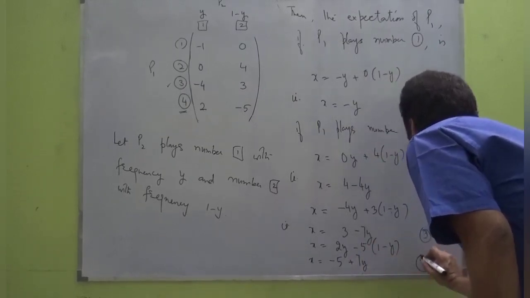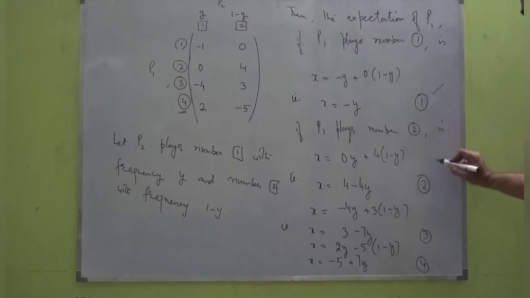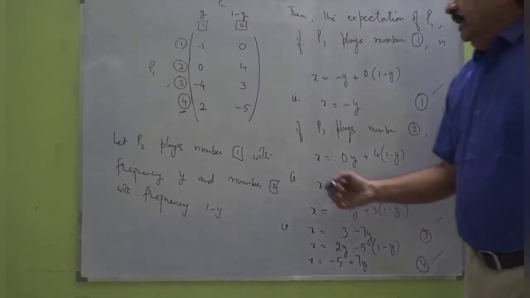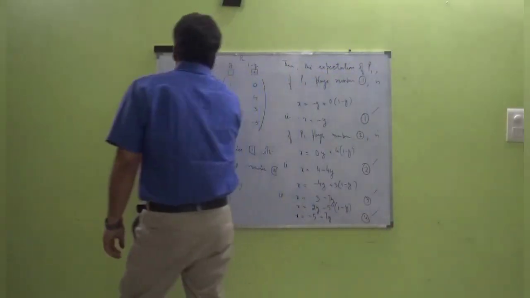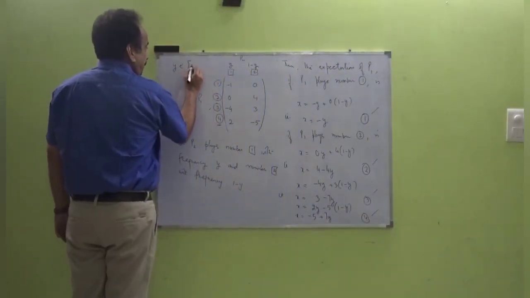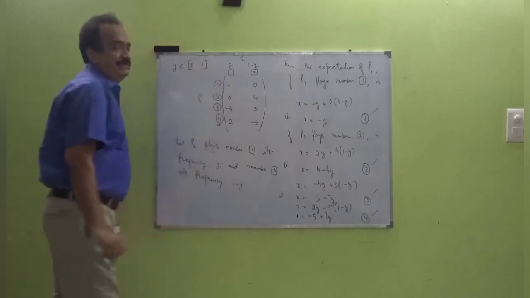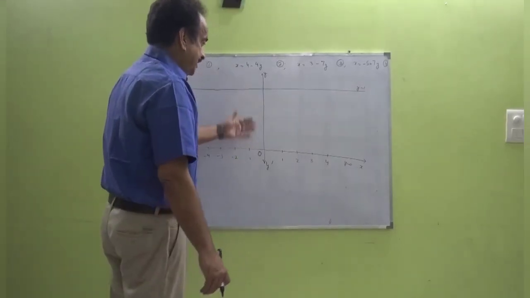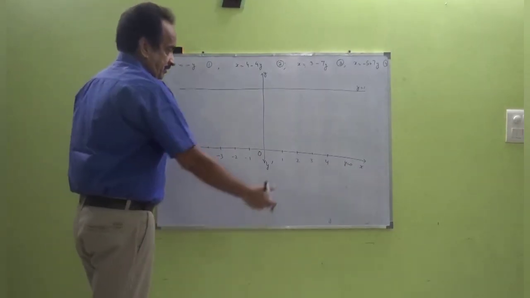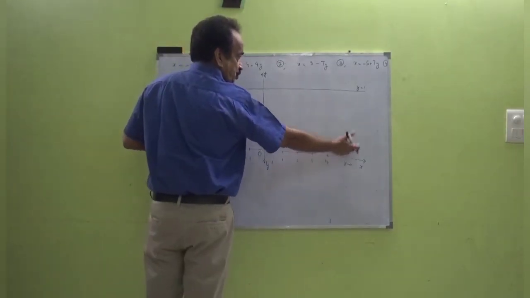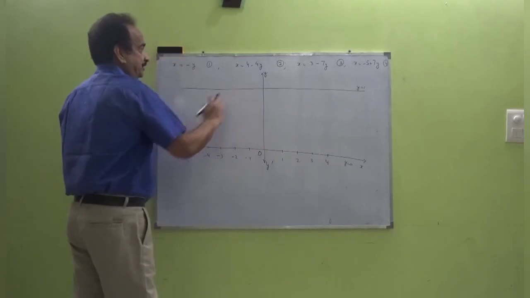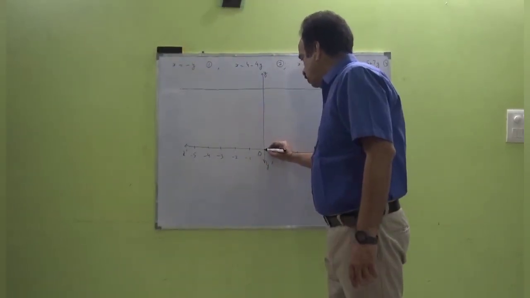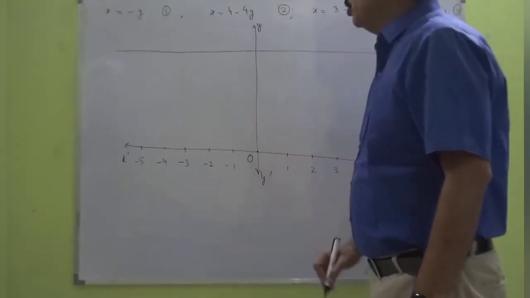Call it number 4. Now we'll draw all these 4 lines 1, 2, 3 and 4 on the xy plane for y in 0, 1. Being a frequency, the value of y will lie between 0 and 1. This is the x-axis, y is equal to 0, and this is y is equal to 1 over here. Let's take the first line. It has 2 points: one is at 0, 0, because if you take y equal to 0, x will be 0.